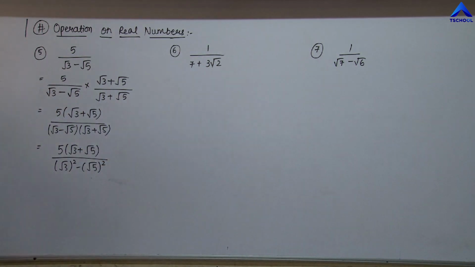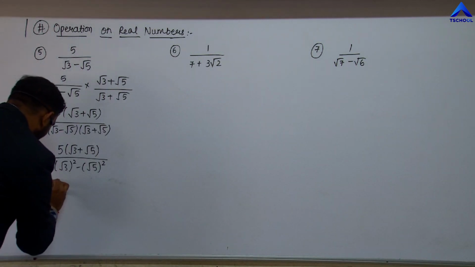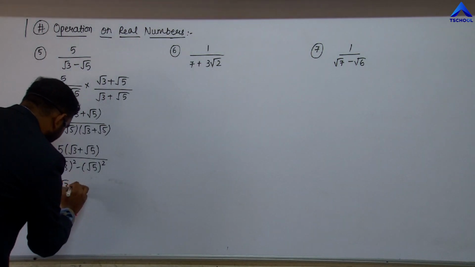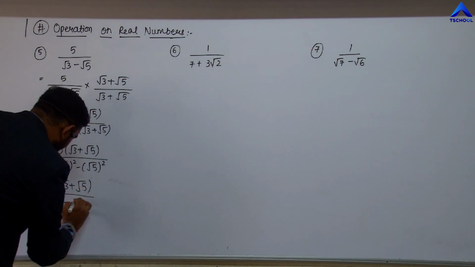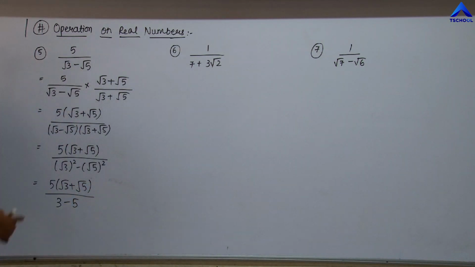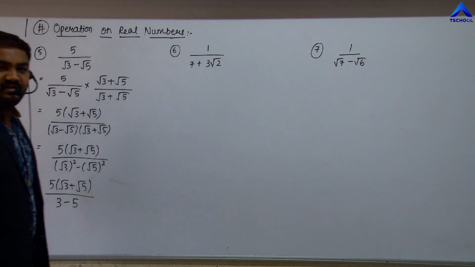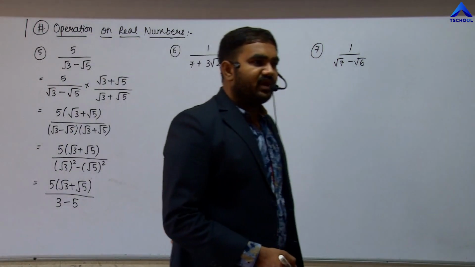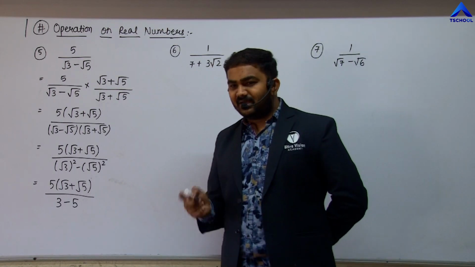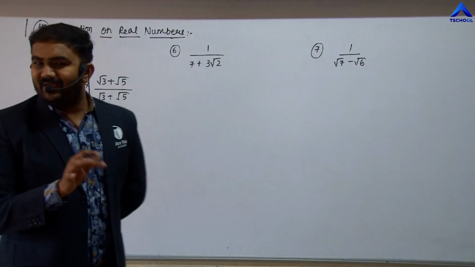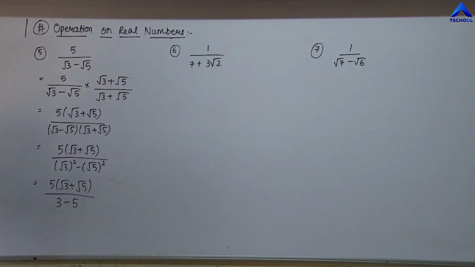Right? That is equal to 5 into root 3 plus root 5 divided by 3 minus 5. See friends, you can also multiply this 5 inside: 5 into root 3 plus root 5 will give me 5 root 3 plus 5 root 5. But rather than multiplying, I shall keep it as it is, because there is no use of multiplying inside.